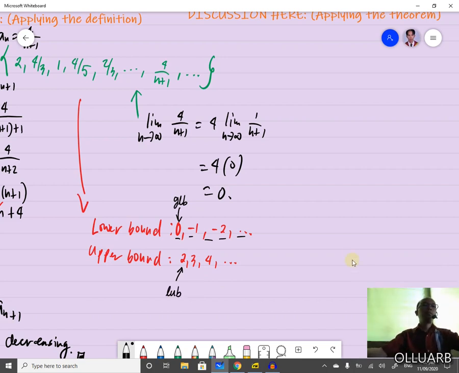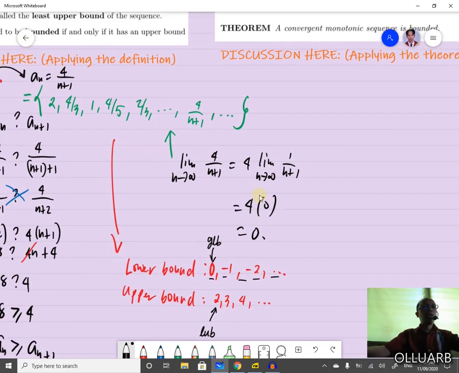Okay, so notice that the upper bound and lower bound could be an element of the set, but for this example, the lower bound 0 is not an element of this set.